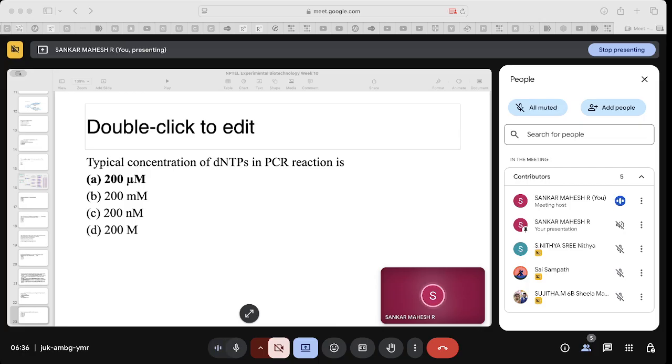When I say that my Eppendorf tube or my vial has 200 micromolar of dNTPs, how much of each nucleotide do I have? How much of dATP, dGTP, dCTP, and so on? How much of each of these do I have? That was the question. Does anyone have a broad idea?